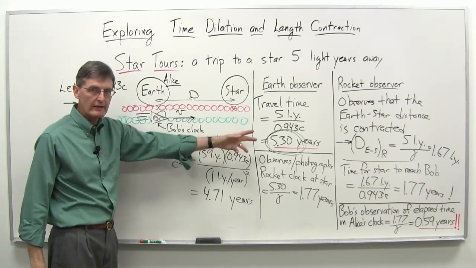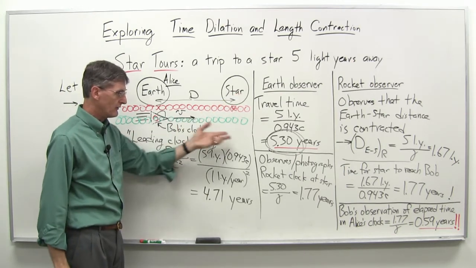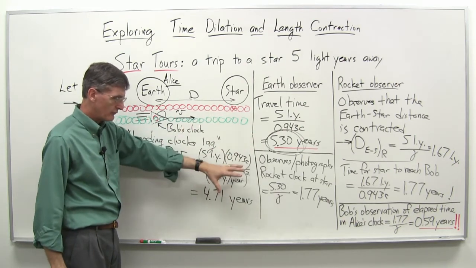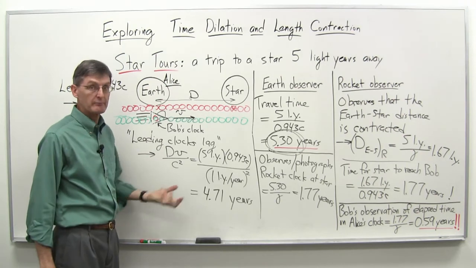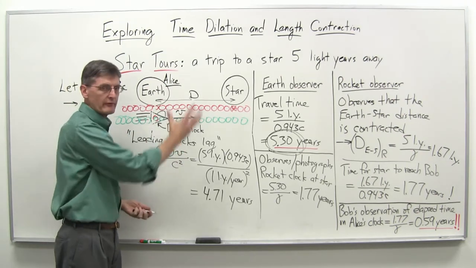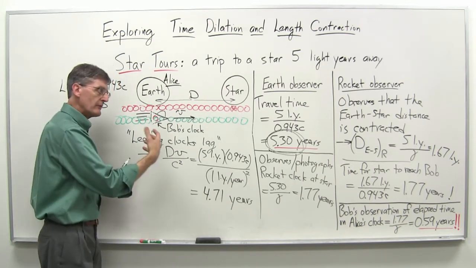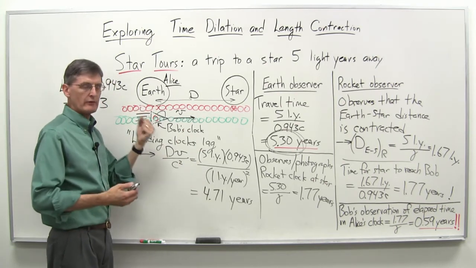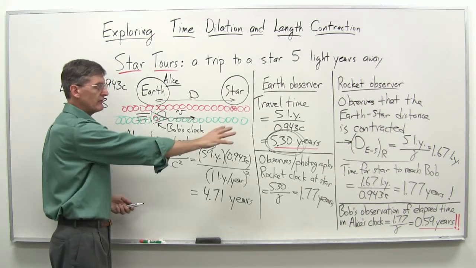Not because you're right, your clocks are all messed up, they're all unsynchronized, but yes, we can agree that that's what should show 5.3 years, and they both agree that yes, the 1.77 years should show on Bob's clock, but for different reasons. So again, something to ponder here, to work through in terms of how time dilation works into it, how length contraction works into it, and then the missing factor that people often forget about, the relativity of simultaneity.